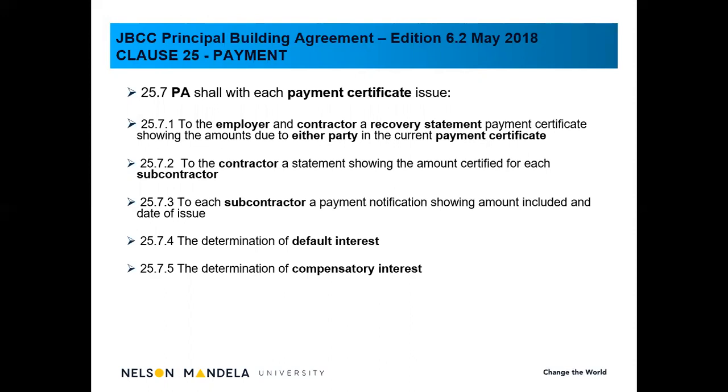It has already been certified because it's issued and certified by means of a certificate. So the contractor will receive a statement with the values of all the amounts that's been certified for the relevant subcontractors' work, nominated subcontractors' work.